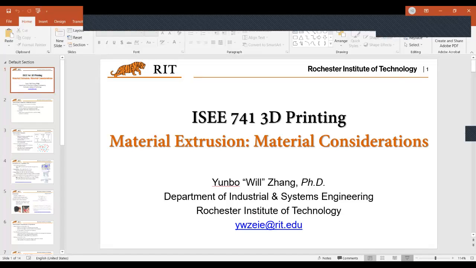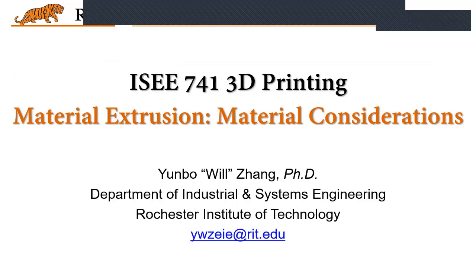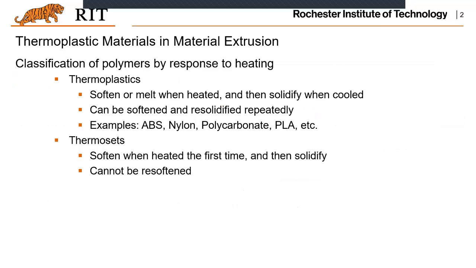So for the materials utilized in material extrusion, basically there are two different types. If you ever learned material processing or other manufacturing related courses, you should know there are multiple types of plastic materials. The most widely used one is the thermoplastic.